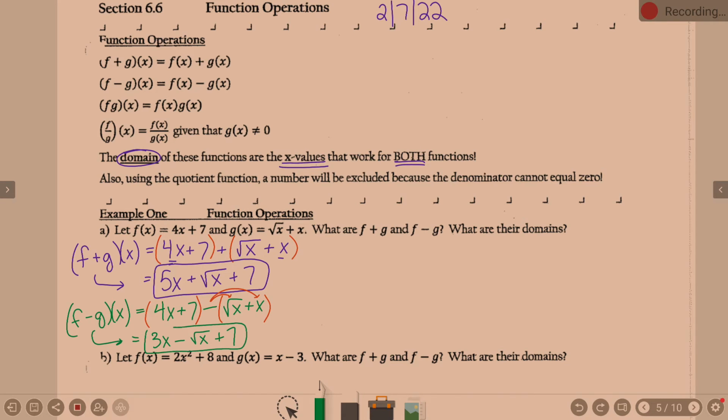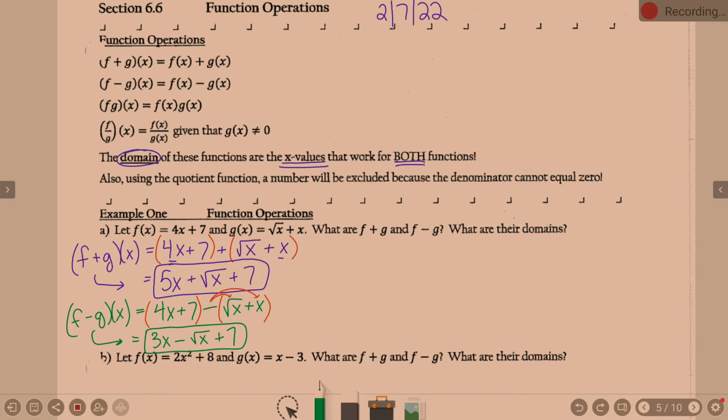So here for this answer, I have 3x minus square root of x plus 7. Okay. Nothing too fancy there, right? Basically, you're adding, subtracting like terms.